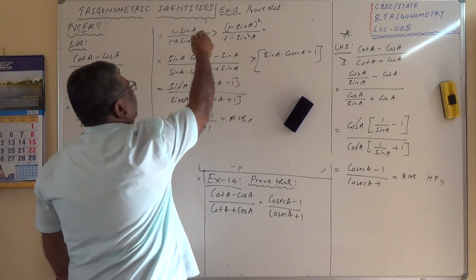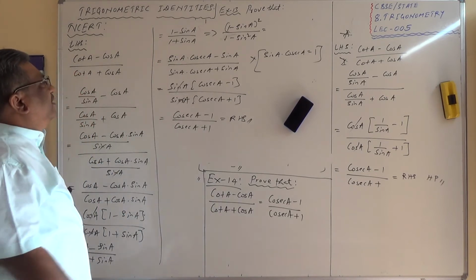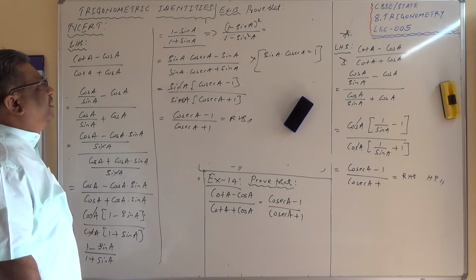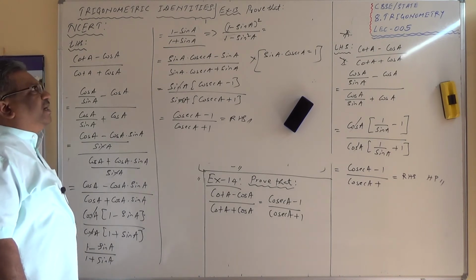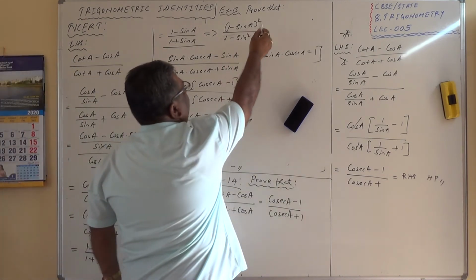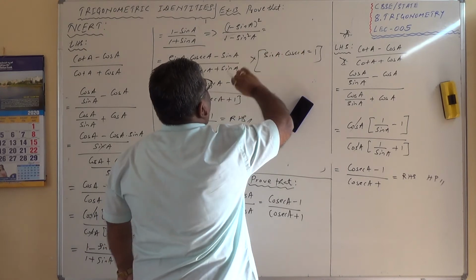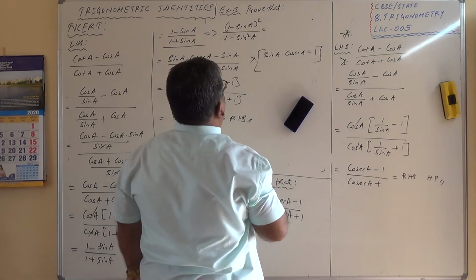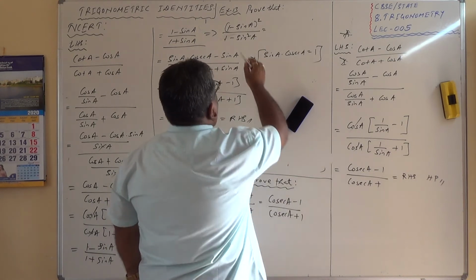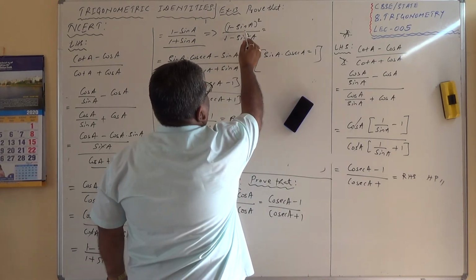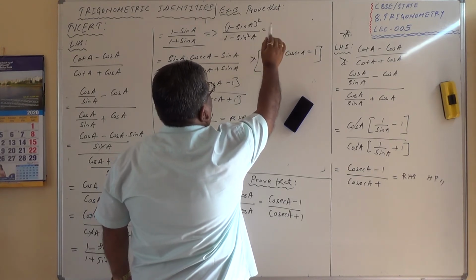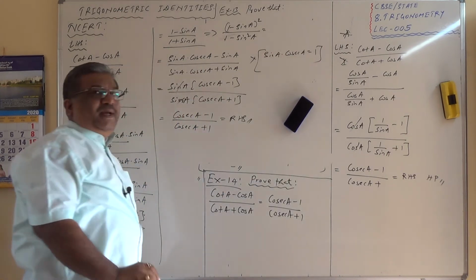By multiplying and dividing the equation by the conjugate of the denominator, that is 1 minus sin A, things are getting complicated. (1 minus sin A) the whole square, I have to expand it once again, and 1 minus sin square is cos square A. So I don't know whether we will be able to get this one. This is 1 plus sin square A minus 2 sin A. No, things will get complicated.